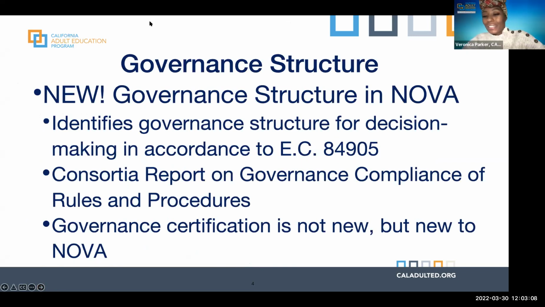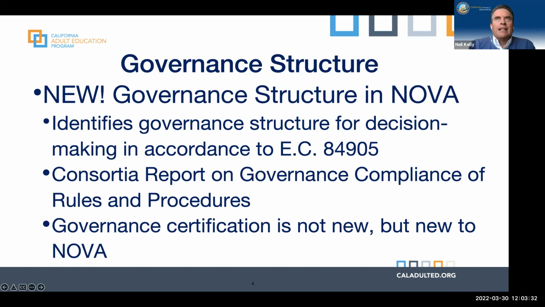As you go into each of them, just a reminder with the governance document, for those of you who were around back in the 2015-16 program year, we required each consortia to submit a governance document. There were about 15 or 16 questions you had to answer, and it was signed by all the members.